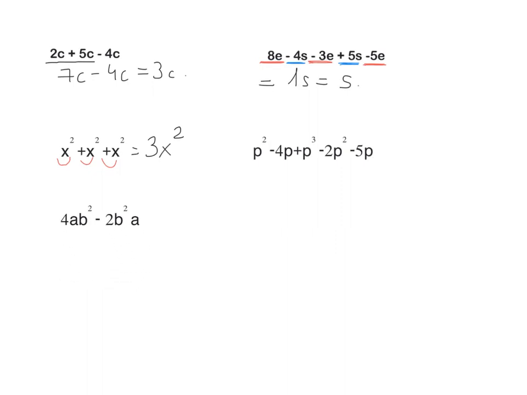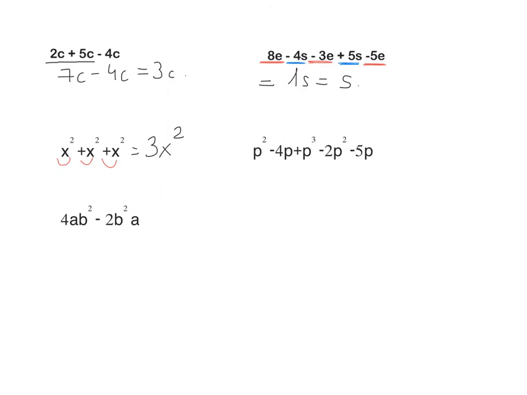Then look at the next one. So we have 4ab squared minus 2b squared a. When you see ab squared, this is the same as b squared a. Okay, we have multiplication between a and b, and we have multiplication in here. So this is the same as we were talking about in the last video.